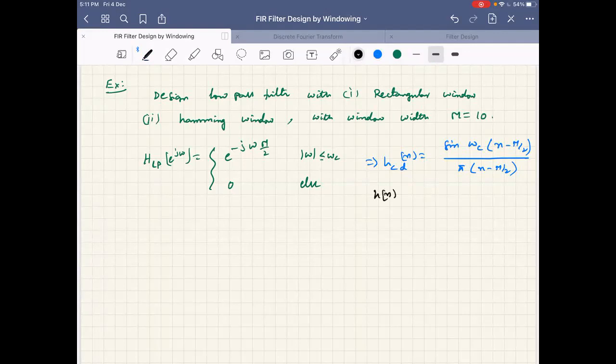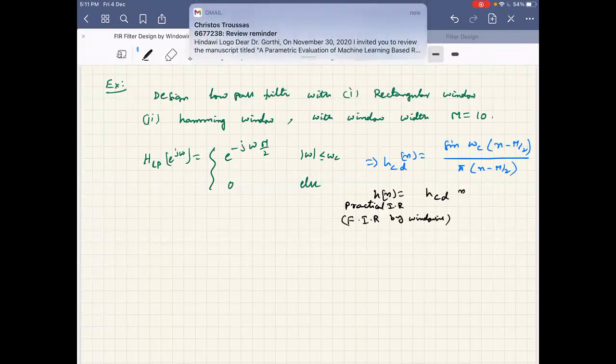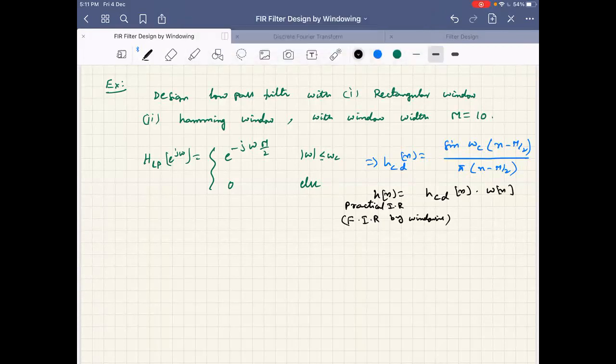The practical or finite impulse response comes through windowing. Otherwise we will not get the finite impulse response. How do we get it? Multiply it with W of n.